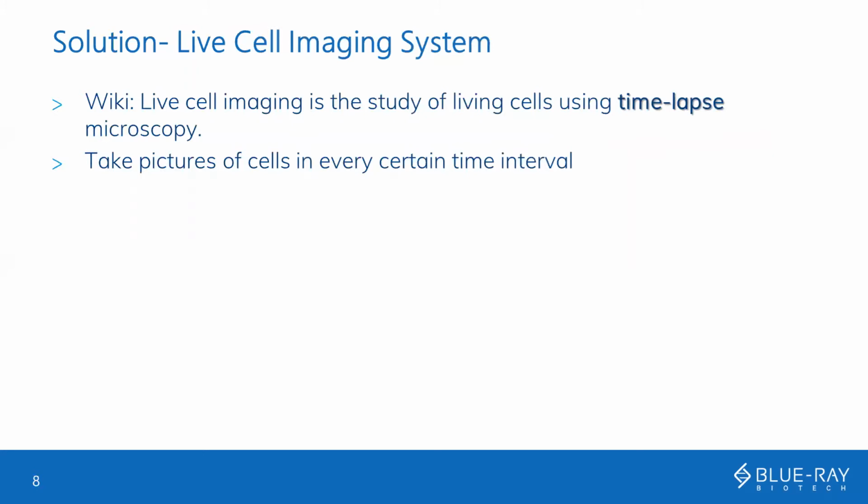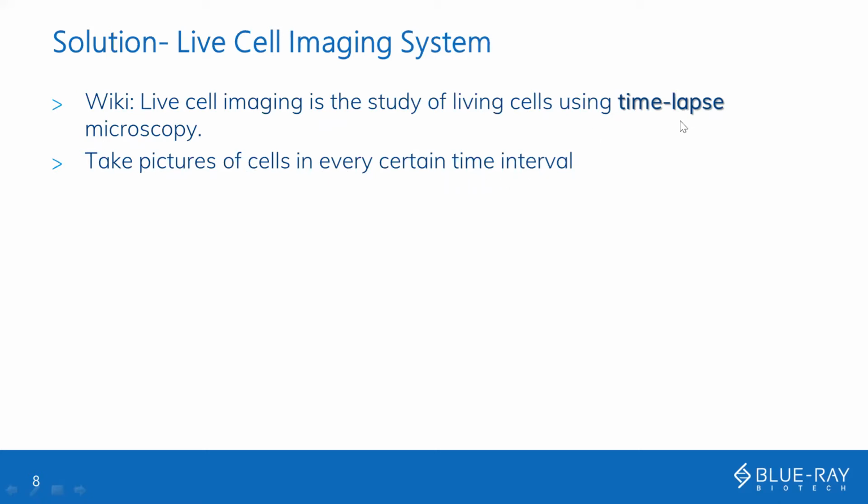In order to solve this problem and achieve your experiment, you will need a live cell imaging system. So what is the live cell imaging system? Based on Wikipedia, live cell imaging is the study of living cells using time-lapse microscopy, taking pictures of cells at every certain time interval.